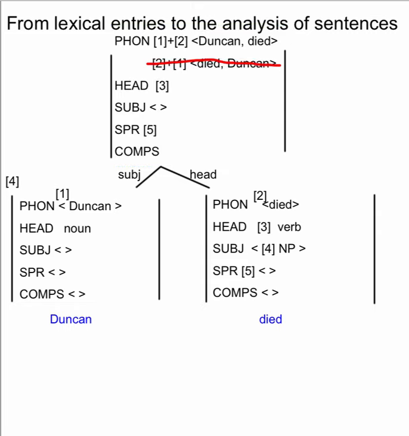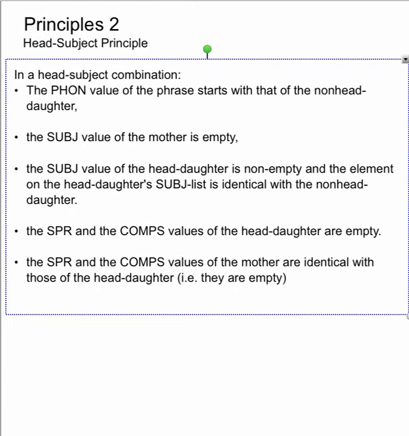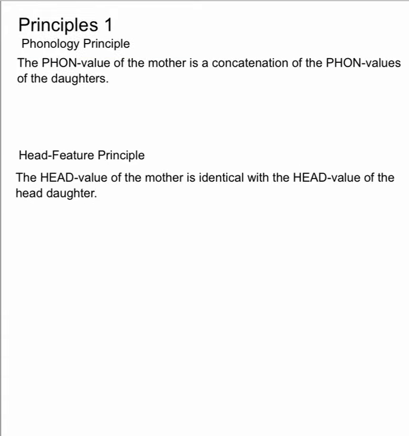I do the same with the comps list. So the comps value of the head daughter is tag 6, and the same is true for the comps value of the mother. If we look back at our principles, you see that we have now included all the information from the principles in the structure.